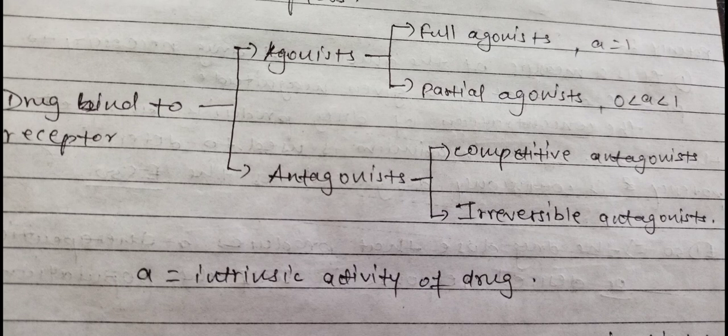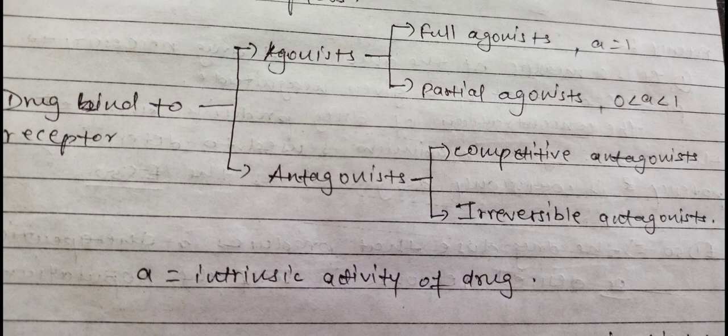Now, drug binding to receptors: in what manner can drugs bind to a receptor? They are of two types: agonist and antagonist. Agonists are full agonist and partial agonist. Antagonists are competitive antagonist and irreversible antagonist.